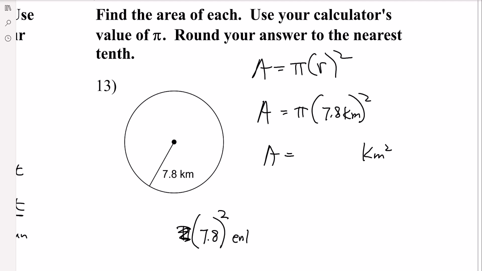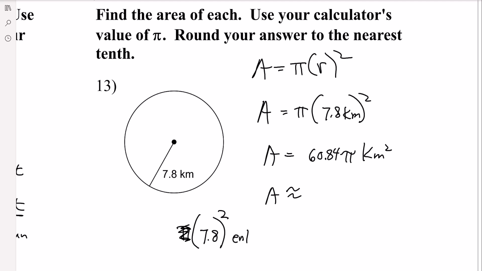Leave off the pi for now. Just type in 7.8 squared. So we've got 60.84 pi kilometers squared. That's the exact.